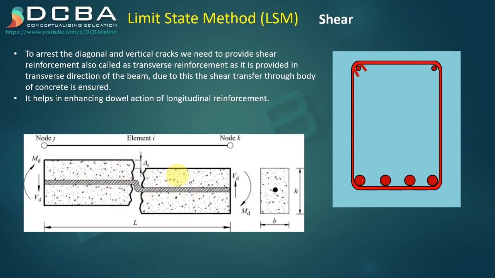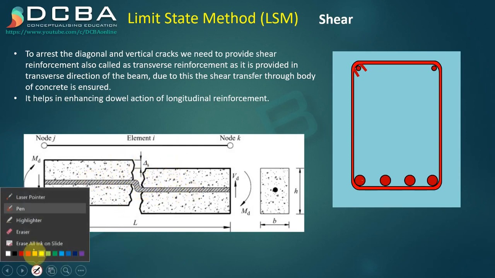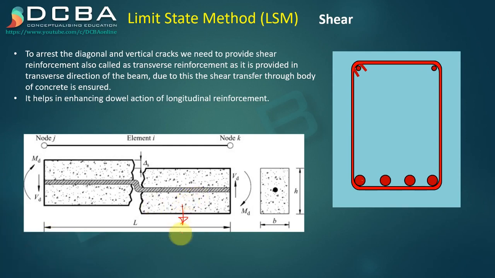You can see that if this part of the beam tries to come down and this is staying up, this is nothing but your shear action, right? So there will be a small deformation of the tension bar at this particular point, and this tension bar will stop this part from moving down, and it will stop this part from moving up or staying in its place.